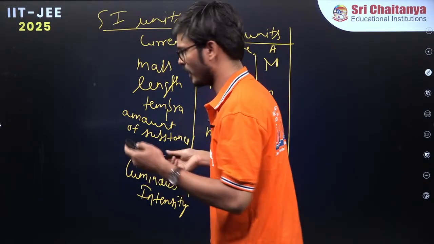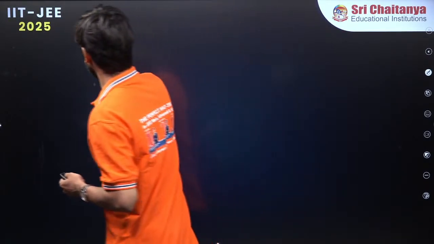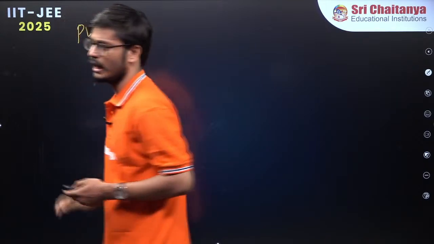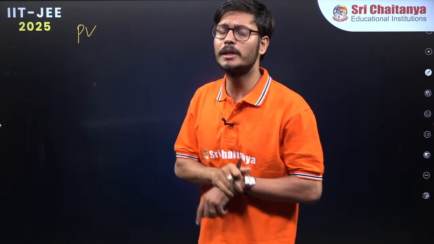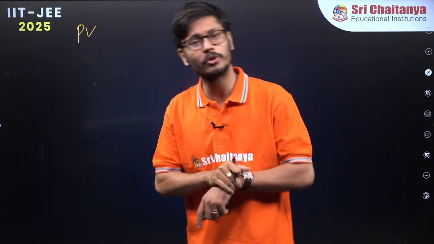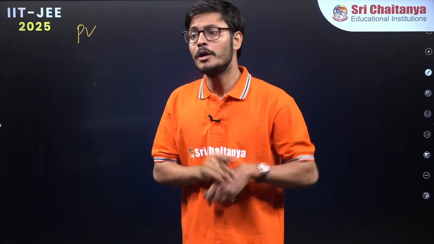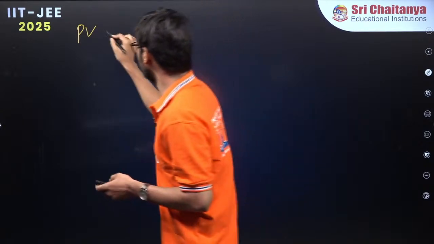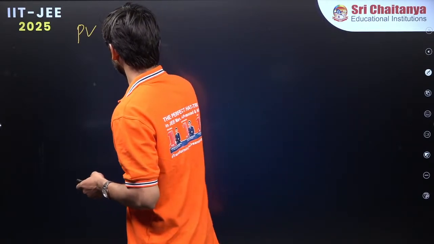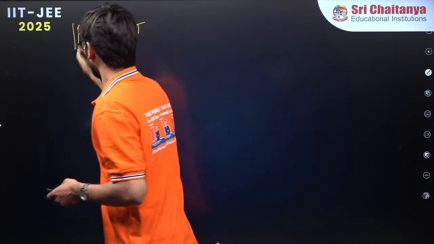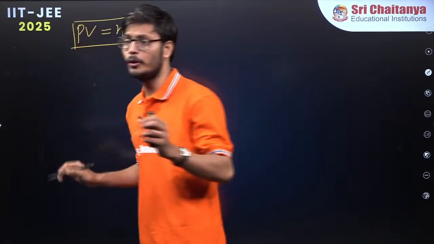In chemistry, generally we will be talking about gases most of the time during physical chemistry. So during that, we will go through an equation which is called the ideal gas equation. For now, most of you, if you don't know, don't worry about it.